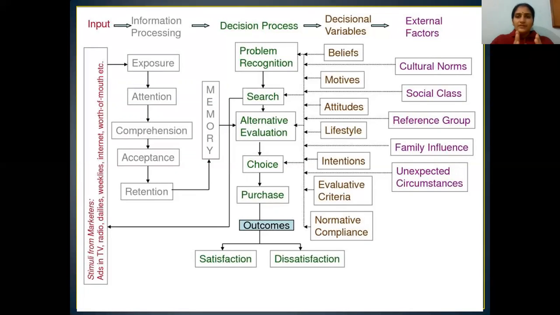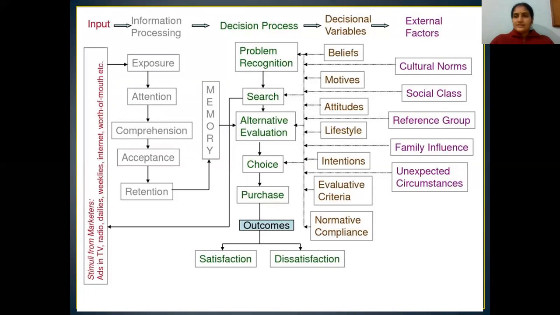These variables will have their impact on the decision process. Here in the decision process, not only do decisional variables influence it, but certain external factors also influence the decision process.